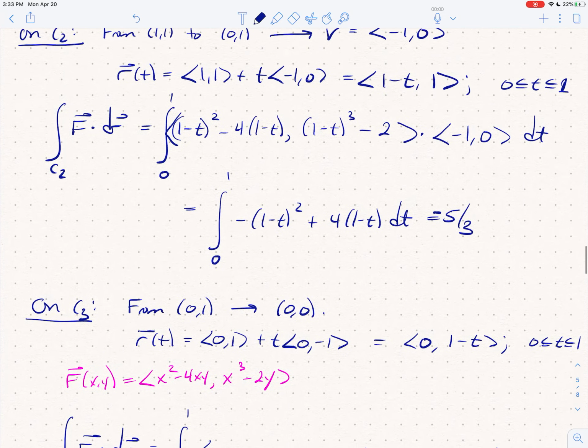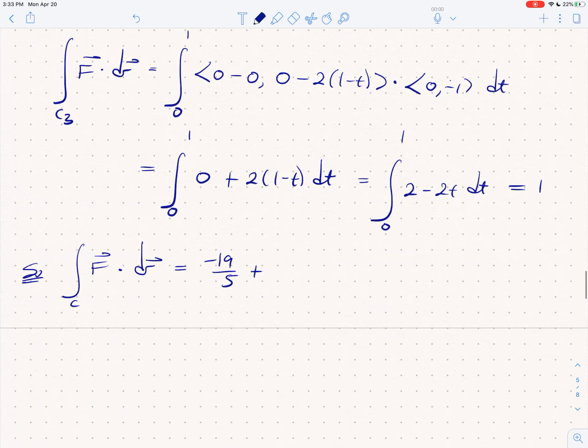Apologies for that. Some of you were probably wondering what on earth was going on. I dropped a negative. So on C2, you should get negative 5/3. There we go. So this is negative 9 fifths minus 5/3, and then we're going to get a plus 1, which is 7 fifths. So the whole thing, when you work it out this way, you get 7 fifths.